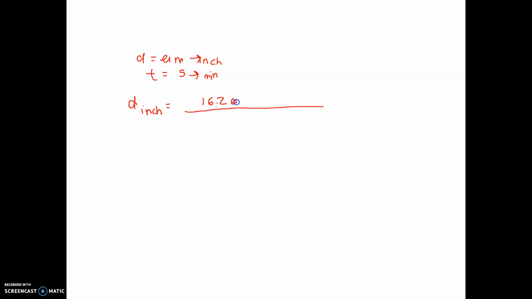Okay, D is in micrometer, so this is also in micrometer. The section is to convert it into inch. 1 meter is 10 to the power of 6 micrometer, and 1 meter equals 39.37 inch.